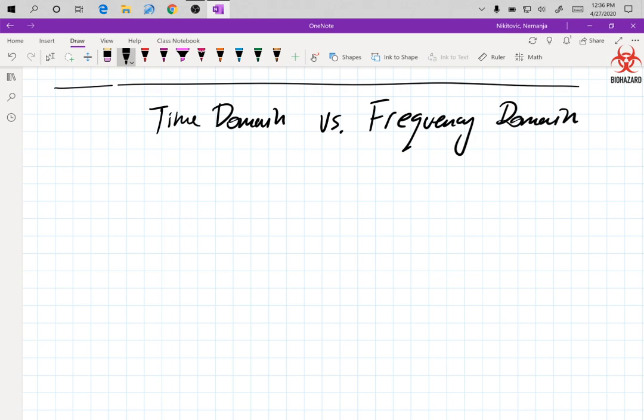So what is in a time domain? In a time domain, you are going to have your function f of t equals t, and the graph for that is your good old 45-degree line. But actually, hold on. We're going to start at 0 because t is larger than 0.